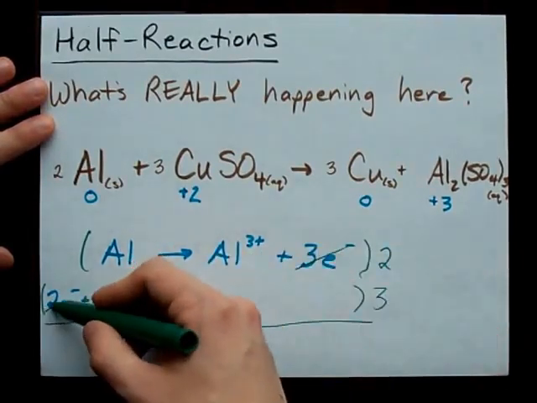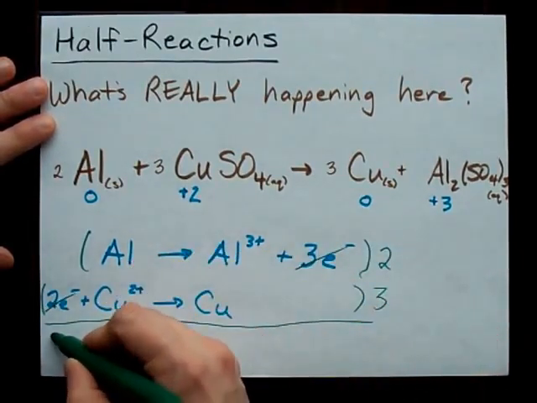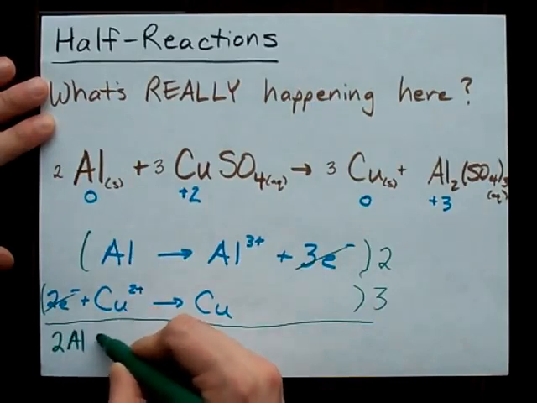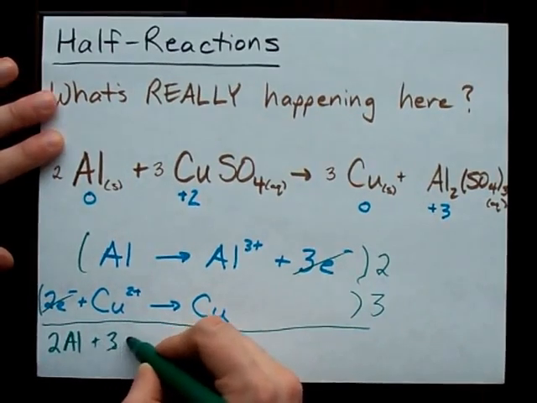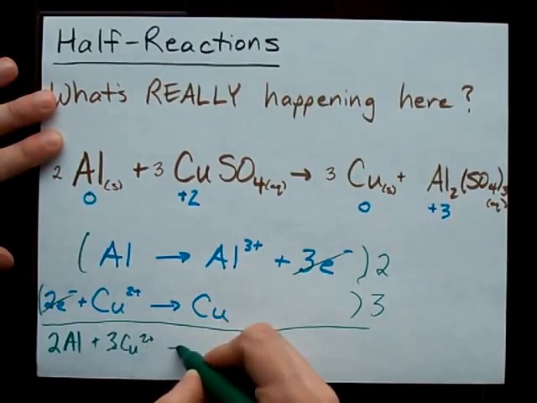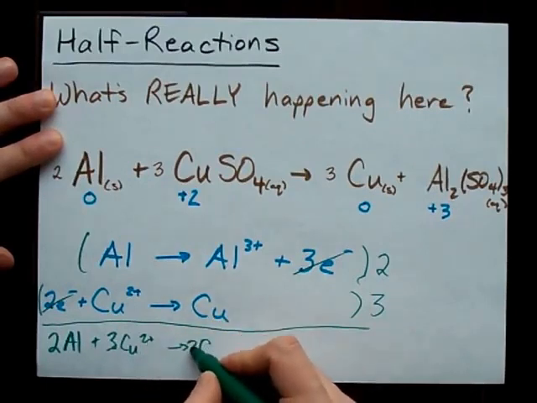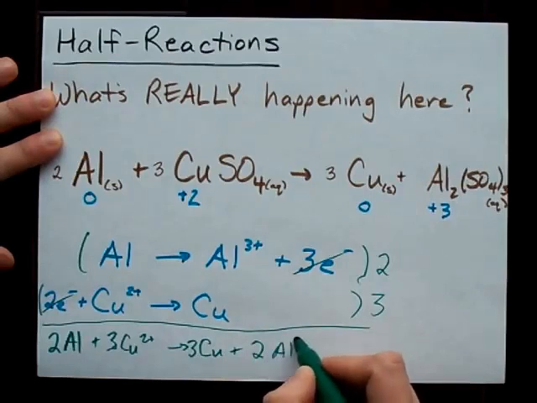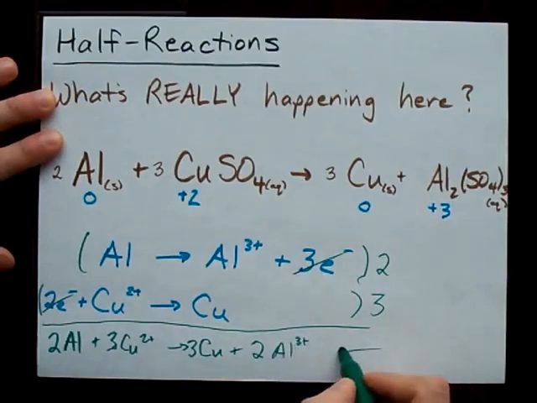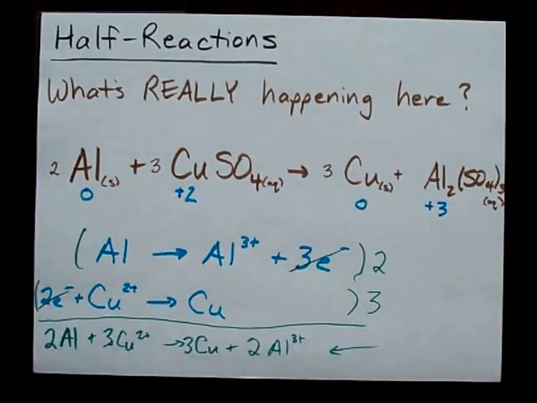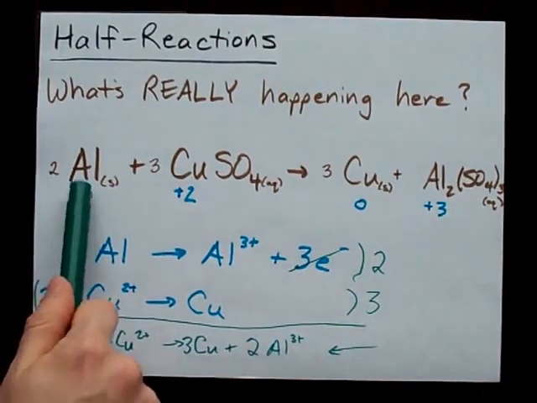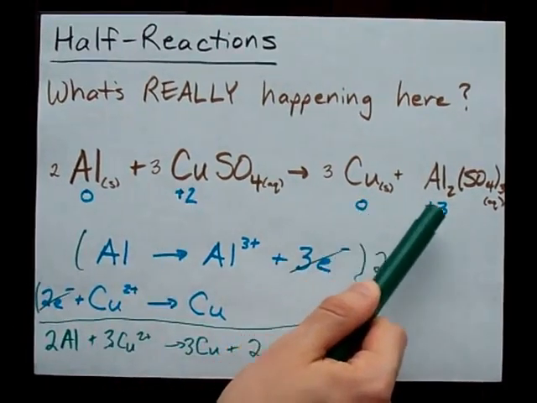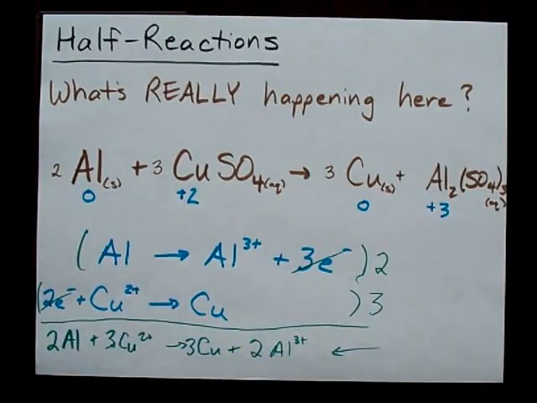The electrons will cancel each other out, and I'm left with 2 aluminums and 3 copper 2s, making 3 coppers and 2 aluminum 3+. This is the reaction that's actually happening here. See? Aluminum and copper 2 makes copper and aluminum 3+.